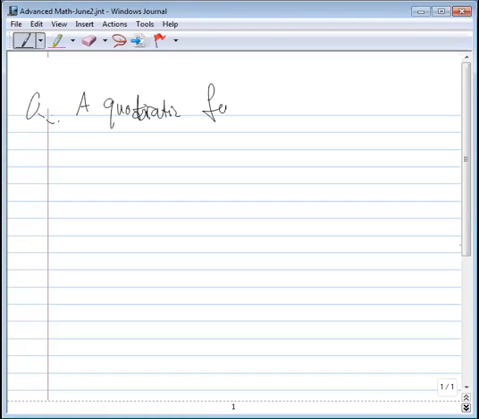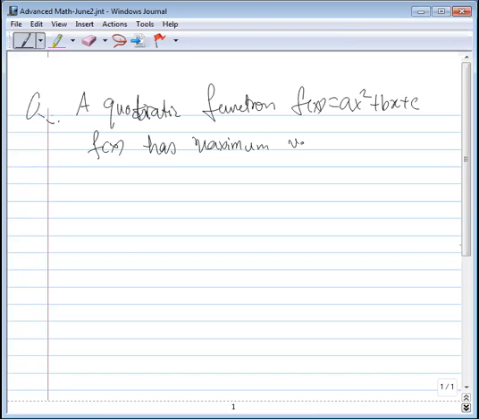So we have a quadratic function, f of x in general, ax squared plus bx plus c. And then we know that f(x) has a maximum value of 2, and f of 3 equals 8. I only wrote one of them because the second one is the same.